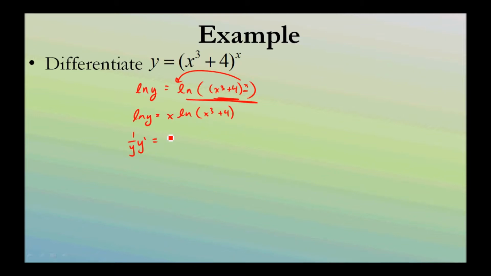Using the product rule, we have the derivative of x, which is 1, times natural log of x cubed plus 4, plus x times the derivative of natural log of x cubed plus 4, so 1 over the argument, x cubed plus 4, times the derivative of the argument, which is 3x squared.